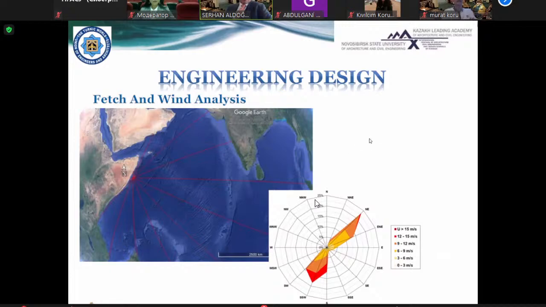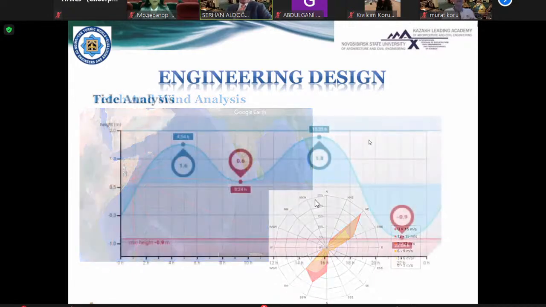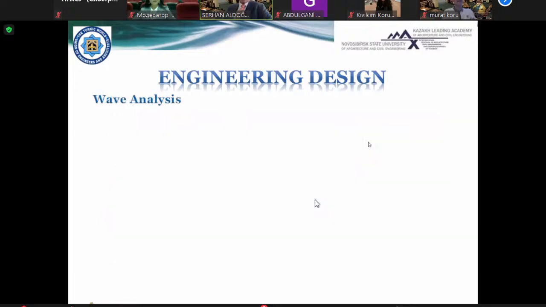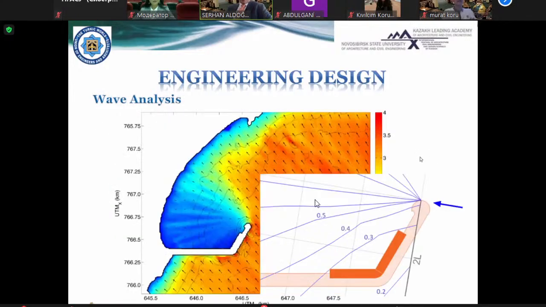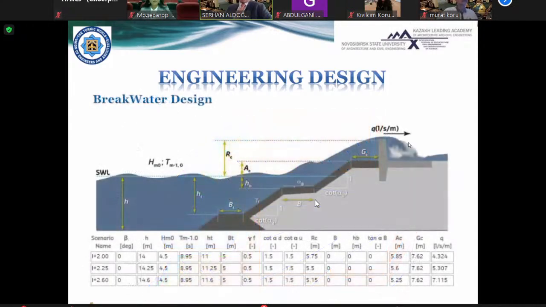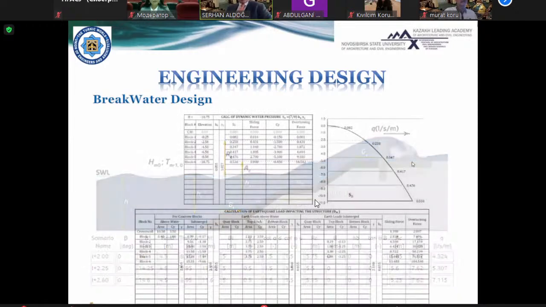For the breakwaters, fetch and wind analysis are very important. We completed tide analysis, wave analysis and wave refraction. And the stability of the breakwater and its stones is also very important.